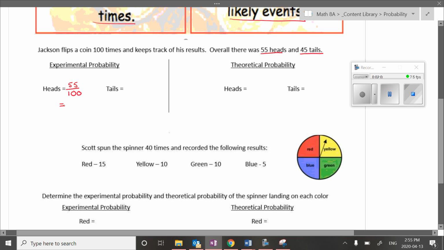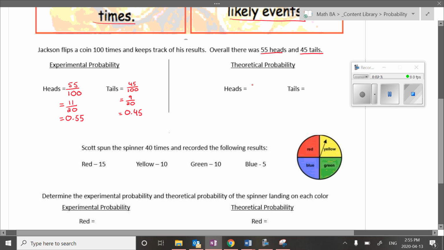So I could divide them both by 5: 55 divided by 5 is 11, and 100 divided by 5 is 20. Or I could write that as a decimal, which is 0.55. Tails is 45 out of 100. 45 divided by 5 is 9 out of 20, which is 0.45 as a decimal.